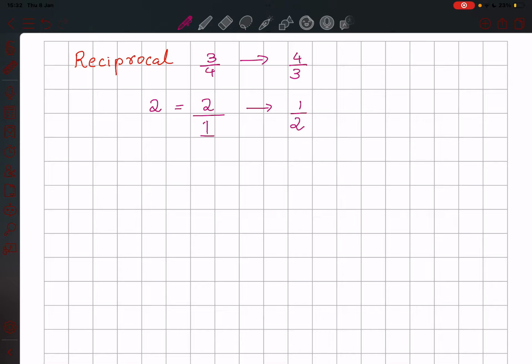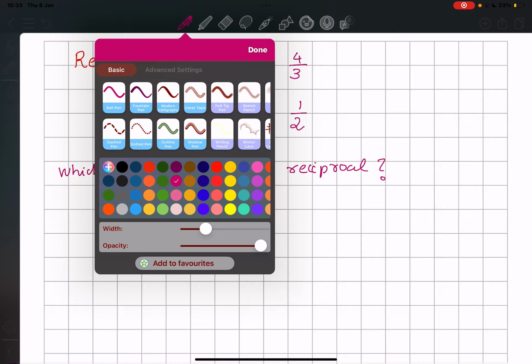So we are looking at which number does not have a reciprocal. So the first question that we are looking at is, which number has no reciprocal? Now, if a number should not have a reciprocal, that means when you do take the reciprocal, something weird should happen to that number. So when you're doing reciprocal, we're mainly talking about fractions here.